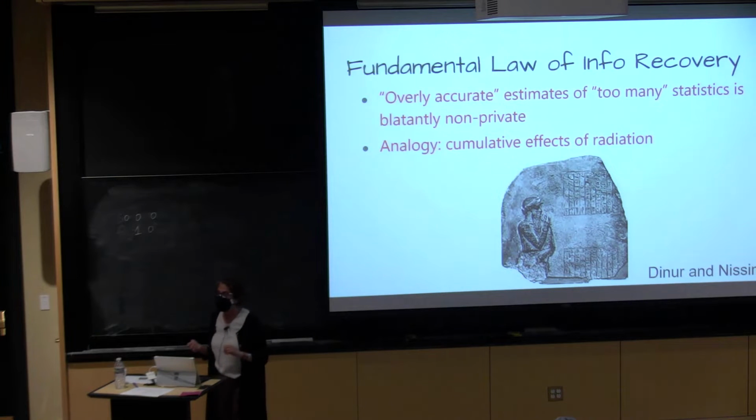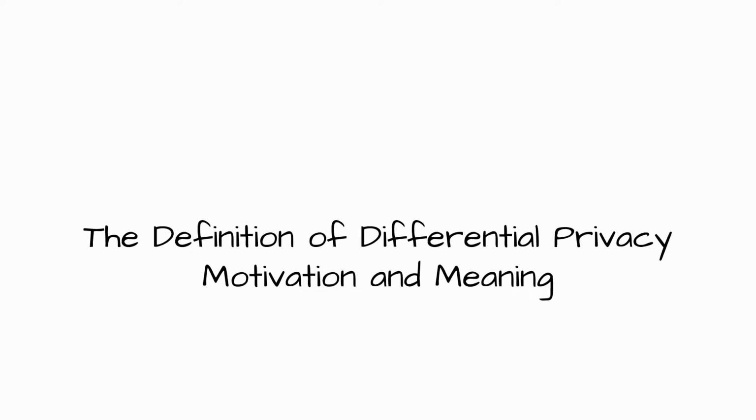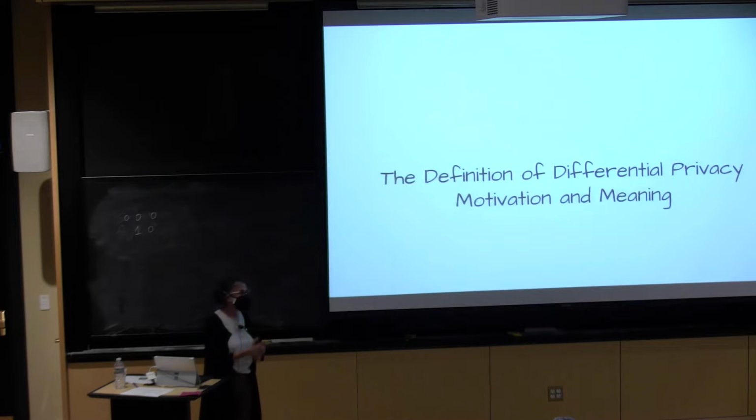Moreover, you can safely have more dental x-rays in a year than you can have mammograms. Dosage matters. Too many is related to the degree of accuracy. So that's kind of the backdrop that we're working against. Overly accurate estimates of too many statistics is blatantly non-private.